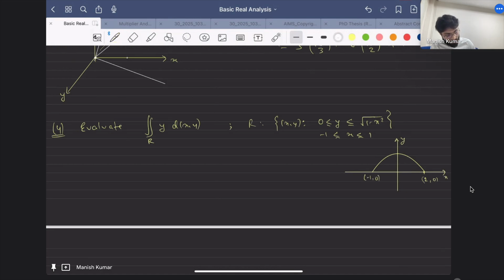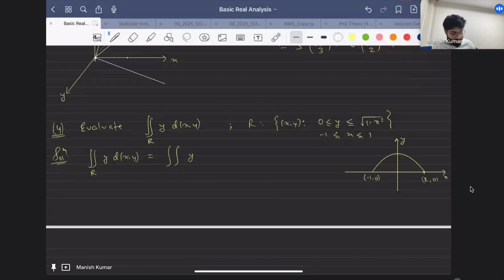Okay, so again you have to integrate over this, so again you have to do the same thing. So can you tell me how to write this integral? Take strip parallel to x-axis, sir.